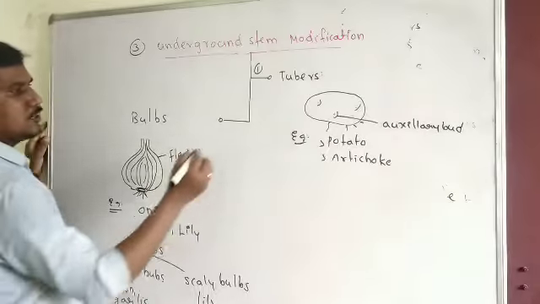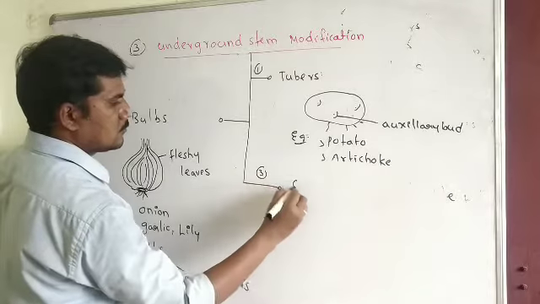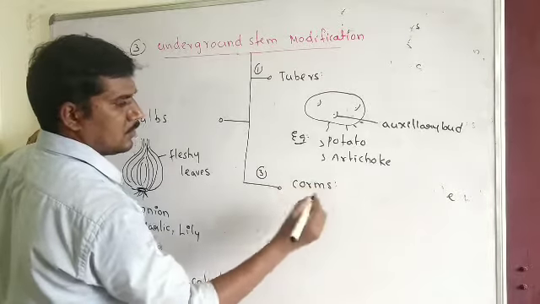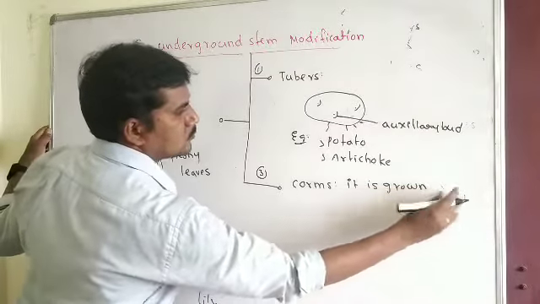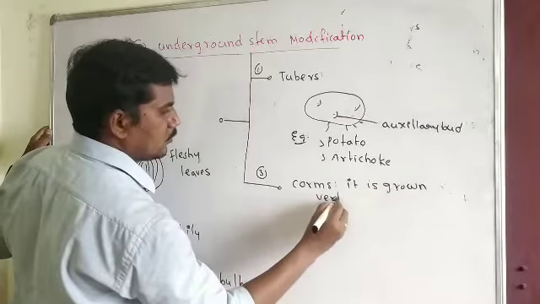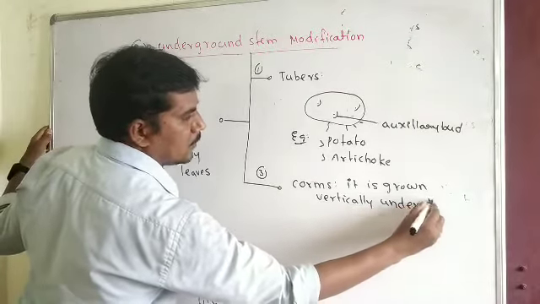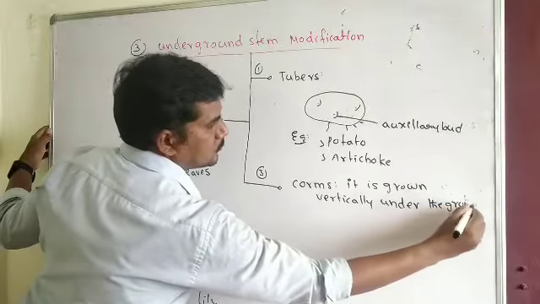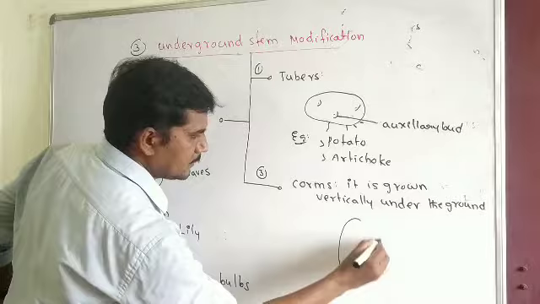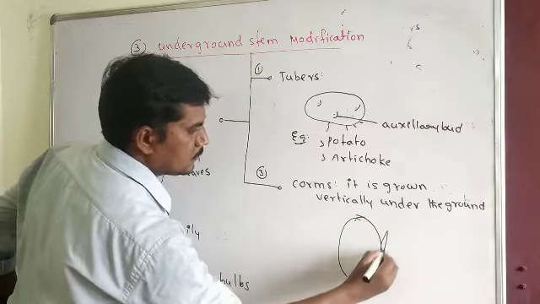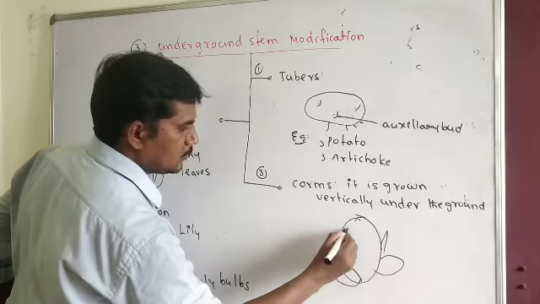The next one, third one, very important, is corms. Corms grow vertically below the soil.